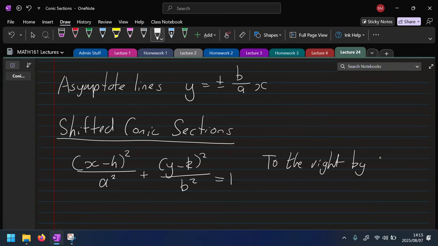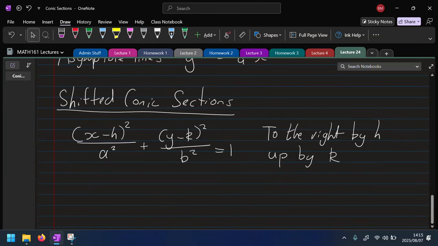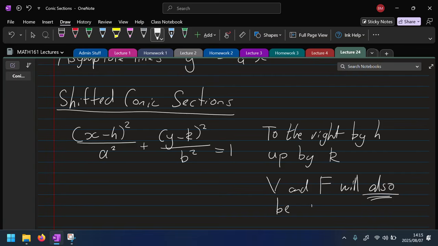If we shift the whole graph to the right and up, remember the vertices and the focal points will also be shifted. So just keep in mind, v and f will also be shifted, because if you shift the whole graph, the vertices and the focal points go with it.